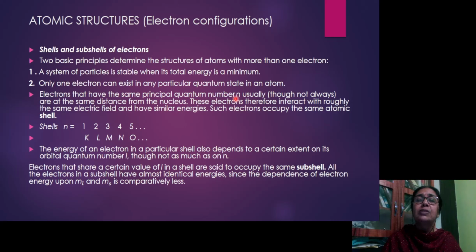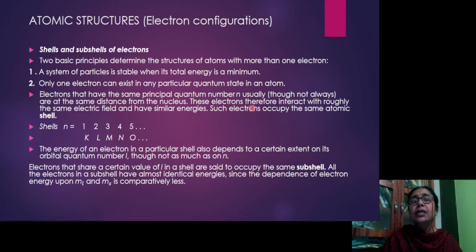So if the principal quantum number is same, we say that the electrons are in the same shell or in the same orbit. As in the Bohr atom model, the radius of the orbit is decided by this principal quantum number n. Therefore, we can say that the electrons which are in the nth shell will be at the same distance from the nucleus.